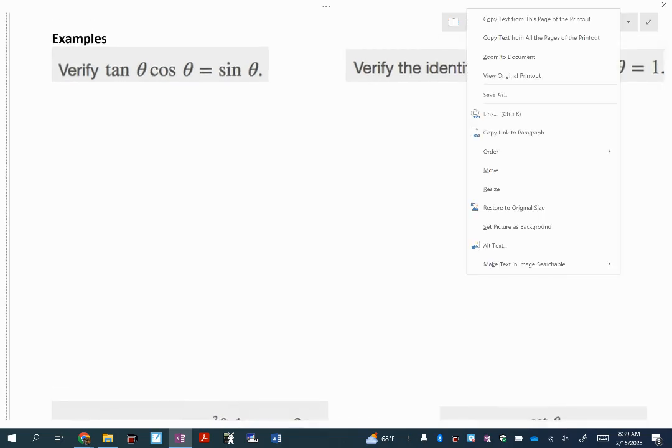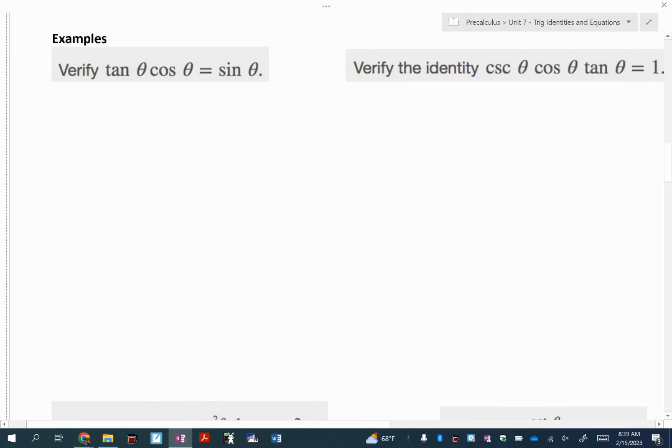But 9 times out of 10, when I see tangent of theta, I'll be using the understanding that tangent is the same as sine over cosine. So I'll write sine of theta over cosine of theta times cosine of theta.